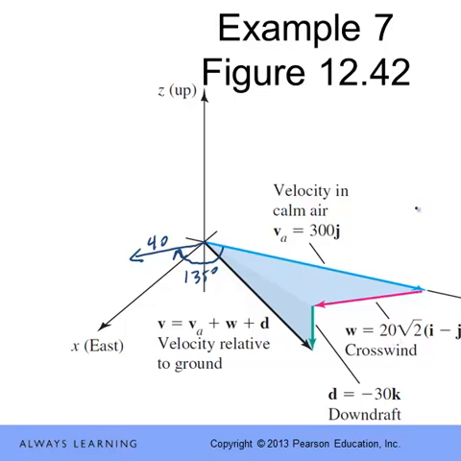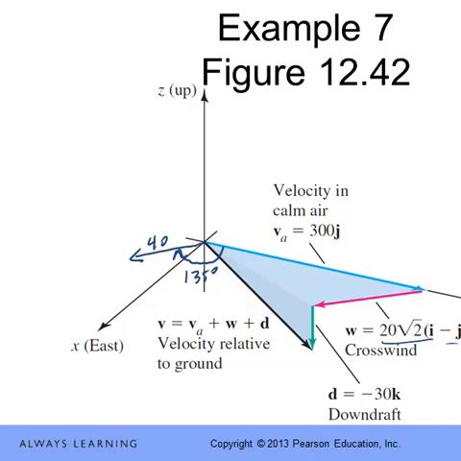We know that the cosine as well as the sine of 45 degrees is square root of 2 over 2. But we just got to make sure that we have our signs correct. Now, it's going to be pointing in the positive x direction, but pointing in the negative y direction, this vector right here. So that's why we have the positive piece for the i hat and the negative piece for the j hat piece.